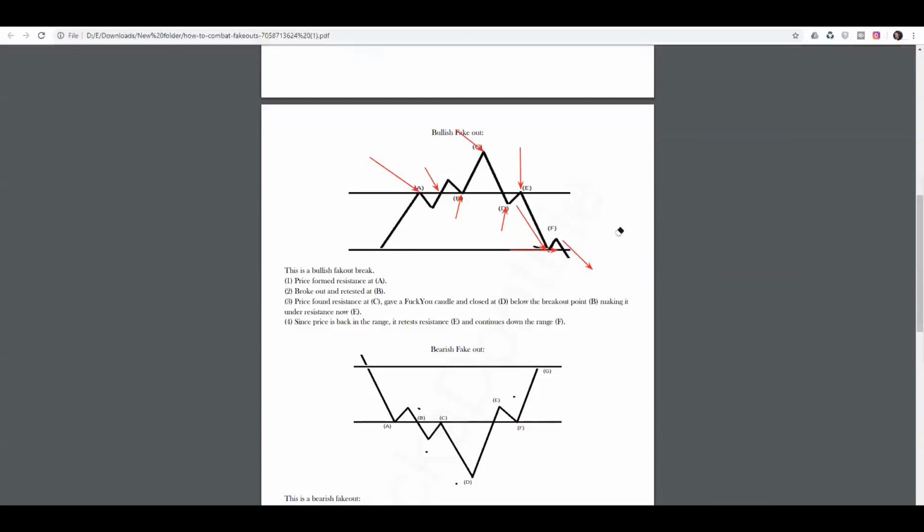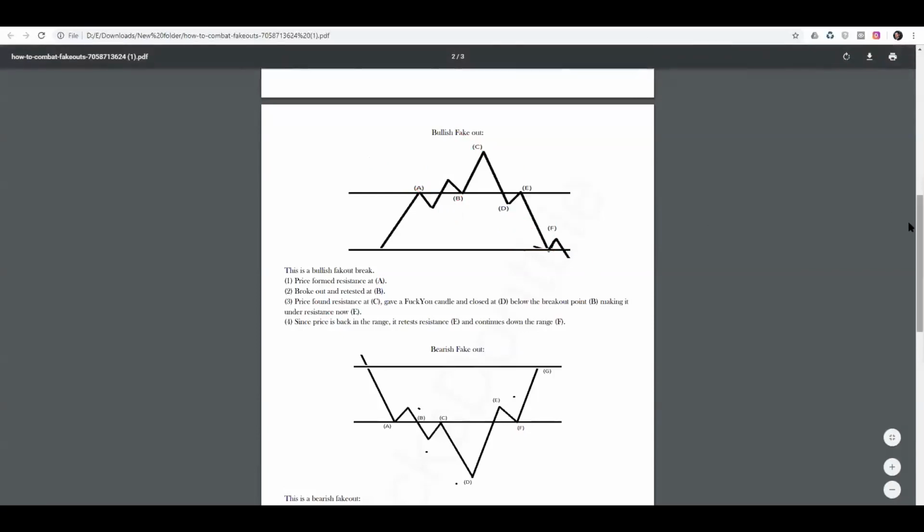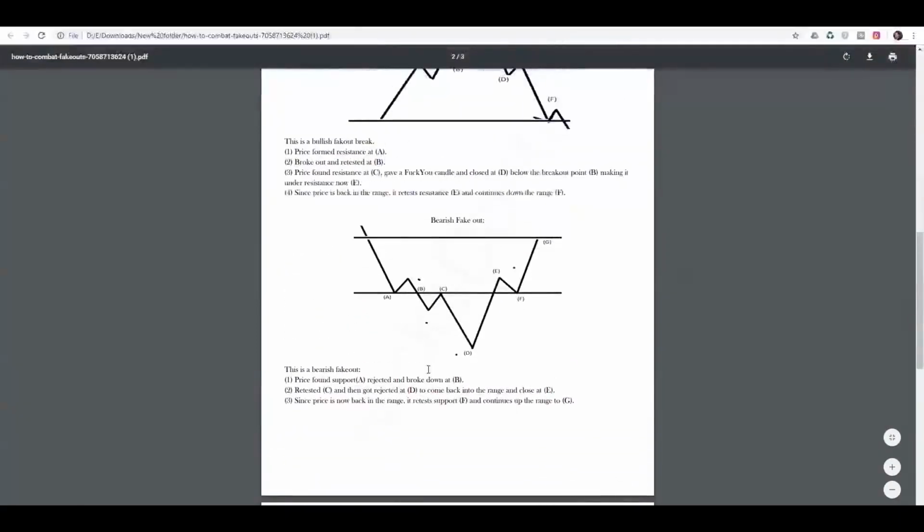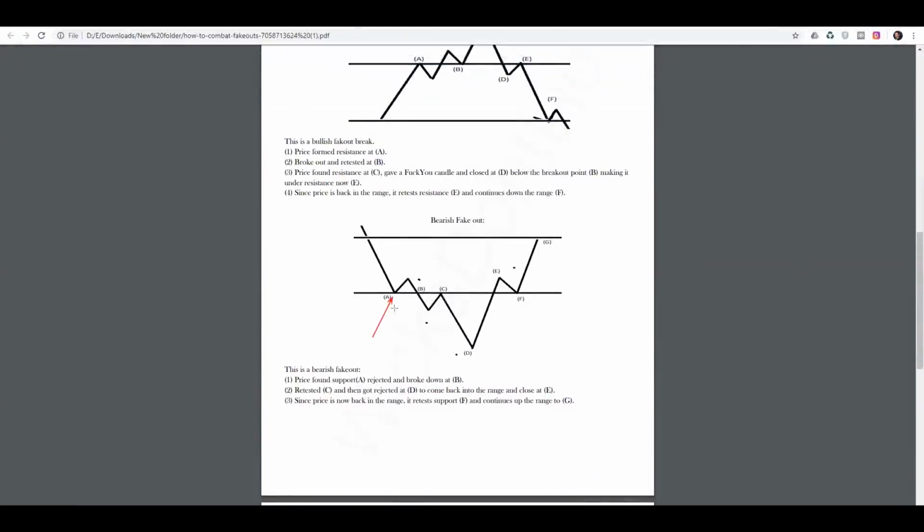The same thing goes for a bearish fake out. Price found support at A, kind of like retested, broke support at B, and then made a low and made another support at C for continuation down.